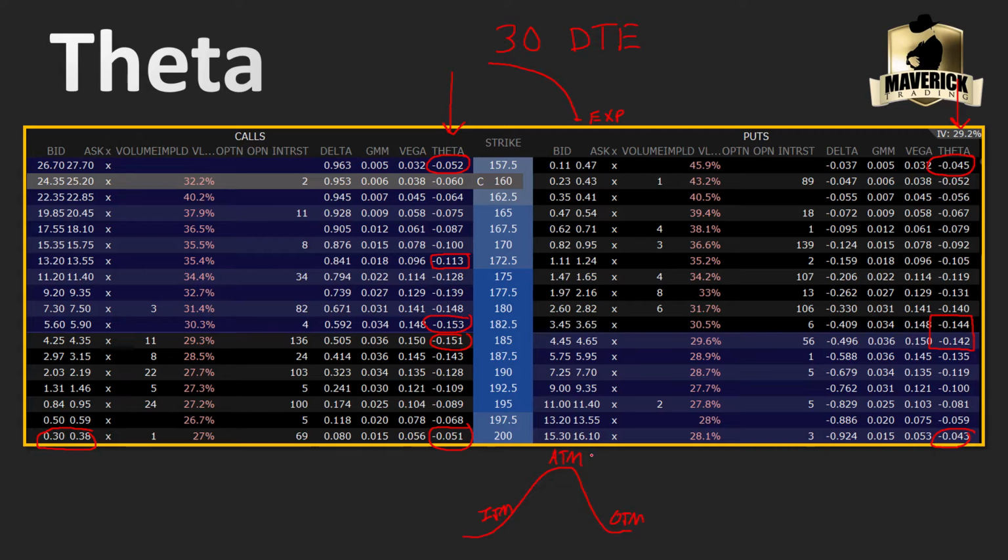So those theta numbers are important to understand, and we always draw theta kind of like this, where it's a gradual decay and then it really gets worse and worse as you approach expiration. So if you were thinking about all these options and you say, well, this one's currently at 15 cents per day, interestingly enough, imagine the stock just stays here.